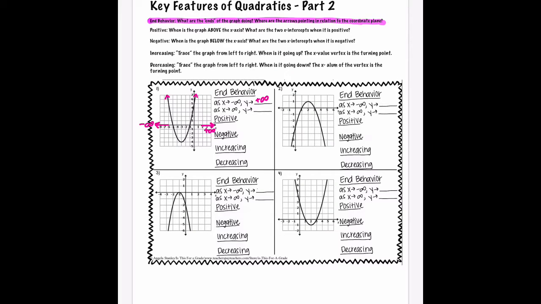Then we'll look at the rightmost end of the graph. Since this arrow is going upward on the rightmost part, or where x is going to positive infinity, and the graph is going up, that means that y is going to positive infinity.